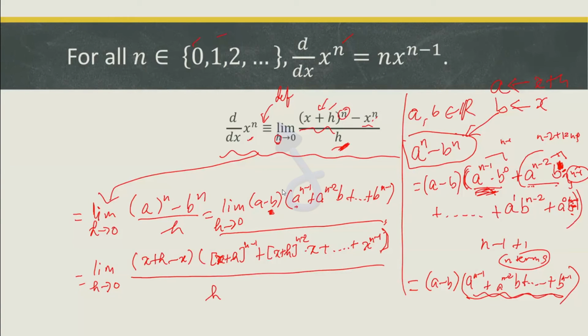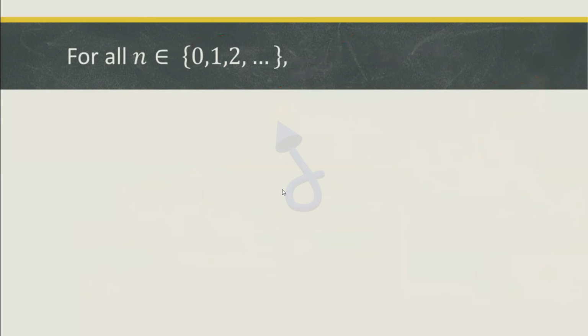Ayun. So agad makikita natin yung x na to, cancel sa x na to. X minus x lang. Tapos yung h na to, cancel sa h na to. So natira tayo ngayon dito. Ulitin ko lang ang pagsulat.